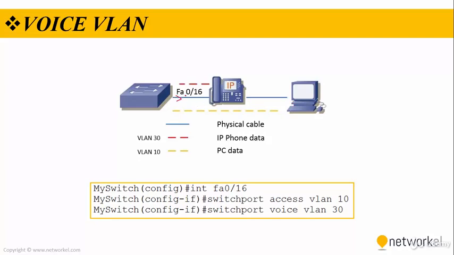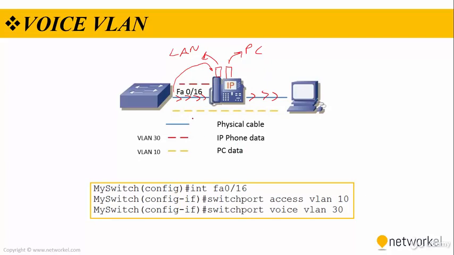As you can see in our figure, just one cable is coming to the IP phone, and the IP phone has two ports. The first port is the local area network port, into which we plug the cable coming from the switch, and the other port is connected to the PC, and that port is known as the PC port.